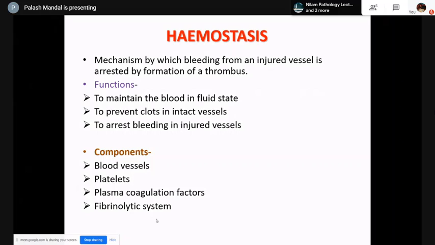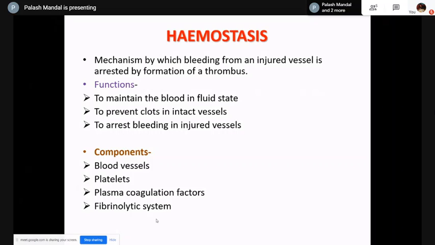Right. Yeah, thanks. So to begin with, hemostasis. This term we have already heard several times during the course of our previous lectures. So the basic thing is that the mechanism by which bleeding from an injured vessel is arrested by formation of a thrombus is known as hemostasis.